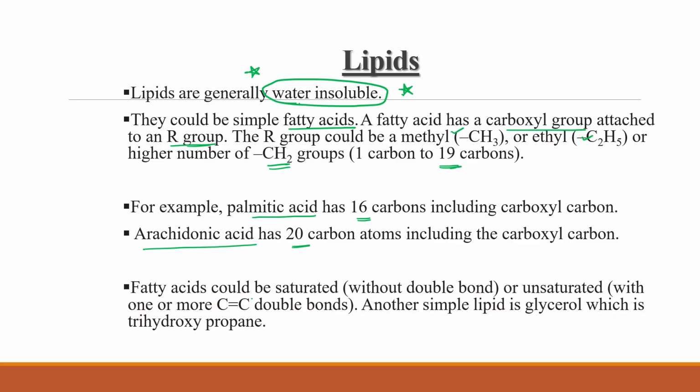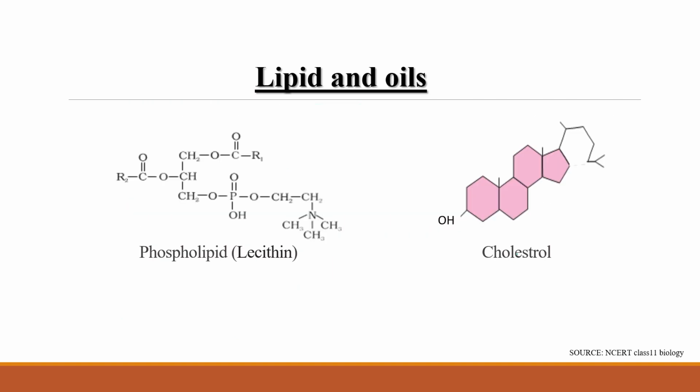Some fatty acids could be saturated, meaning without double bonds, or unsaturated, meaning with double bonds. Another simple lipid is glycerol, which is trihydroxypropane. This comes under the simple lipid category.